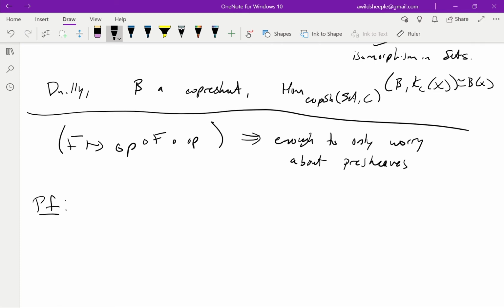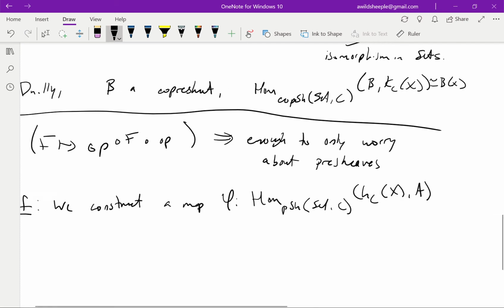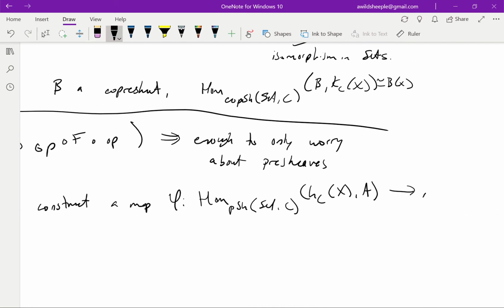So first we construct a map in one direction, and then we're going to construct the inverse. So we have our map from Hom in PSH(Set^C), H_C X, A, and I'm running out of room, so let me just scroll over a little bit, to A of X.